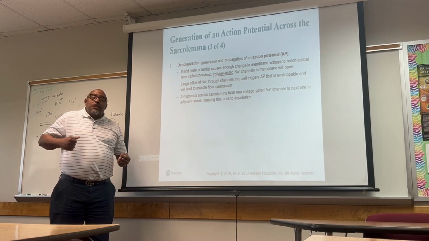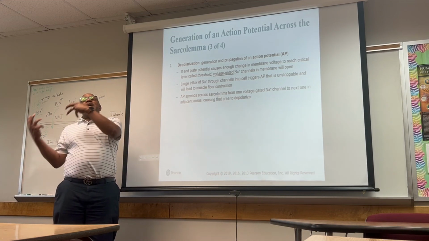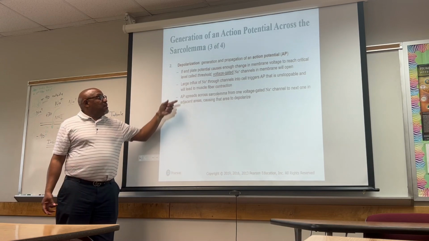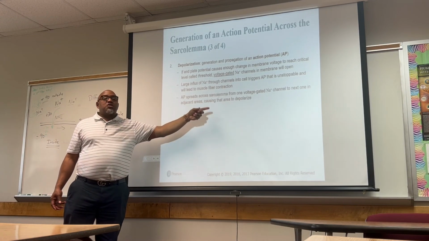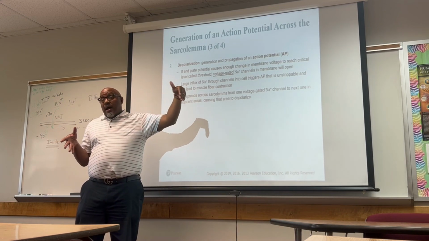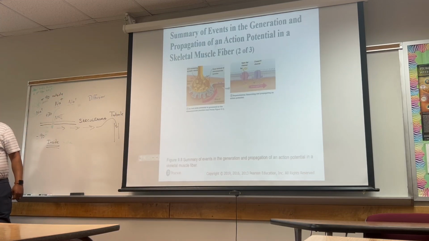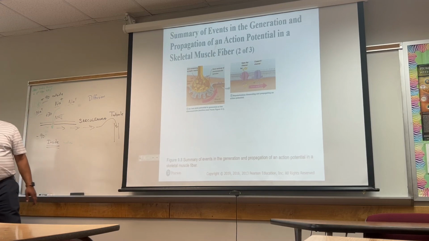At first, little bits of sodium are coming in. When you reach threshold, it is a massive amount of sodium that comes in. The action potential spreads across the sarcolemma, so it leaves the neuromuscular junction, starts going around the sarcolemma, goes down the T-tubule. Here, as you see it spreading over here.